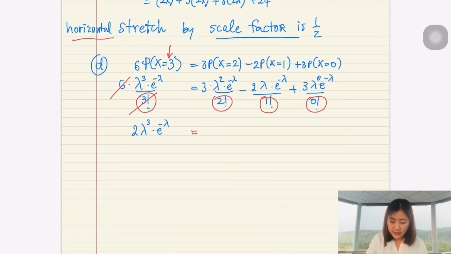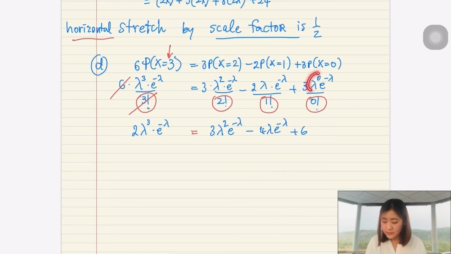So you get 3 lambda square e minus lambda minus, you times this one by 2, you would get 4 lambda e minus lambda, and then plus 6, lambda to power of 0 is 1. So you just have e to minus lambda.